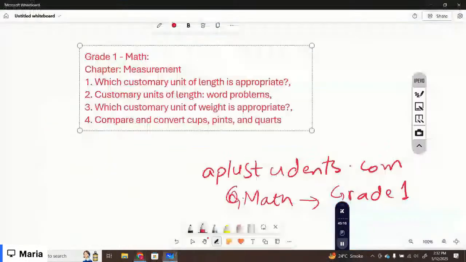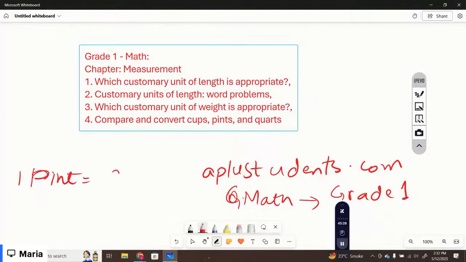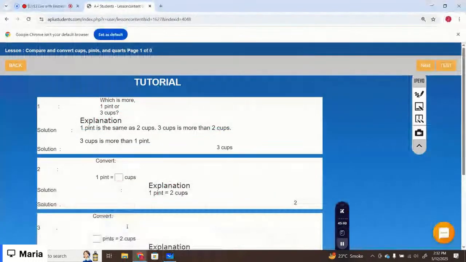So we need to note down these basic units. One pint equals two cups.